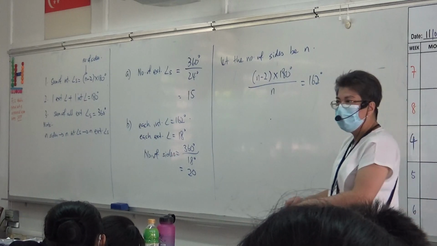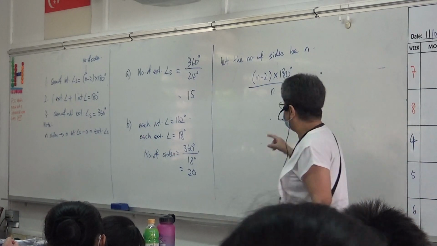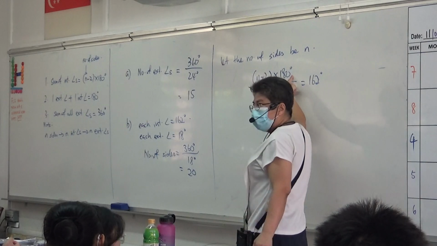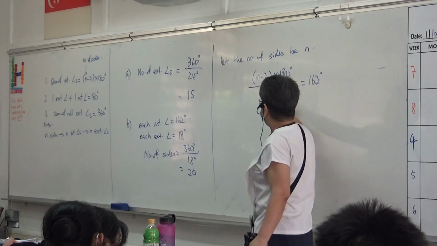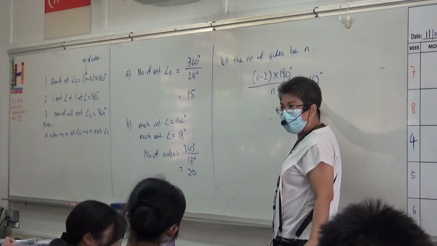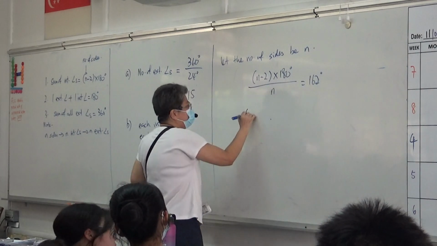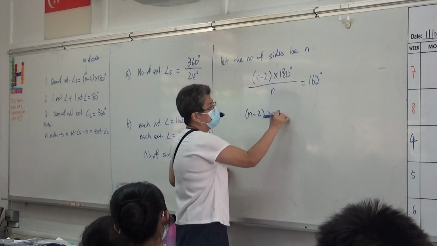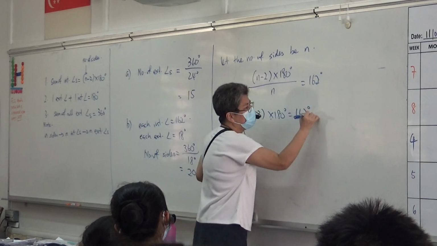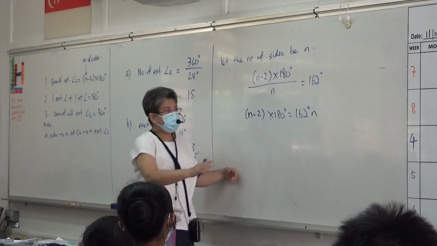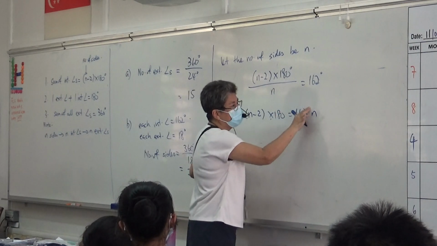I repeat, look up, this one is important. Sum of interior angles, I divide by n, I'll get one interior angle, correct? Am I right to say that? Okay, now, this will be (n minus 2) times 180 degrees equals 162 degrees times n, right? Now, both sides have degrees so I can drop the degree sign, correct?